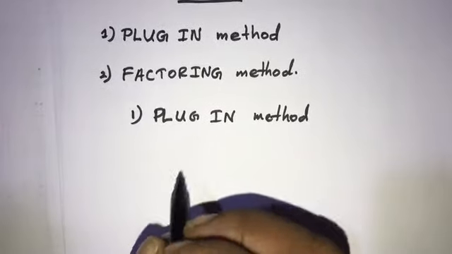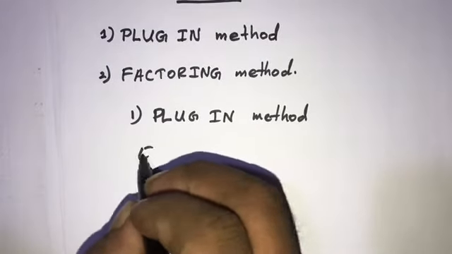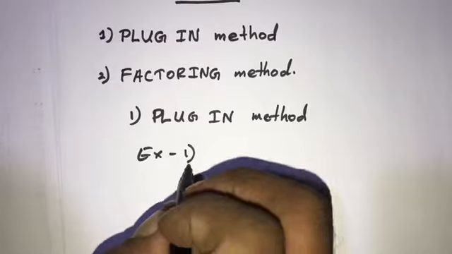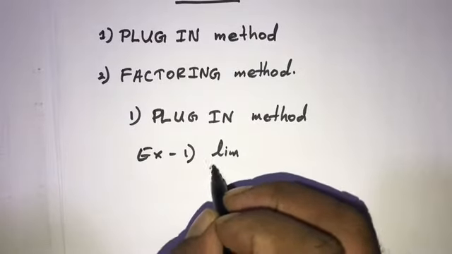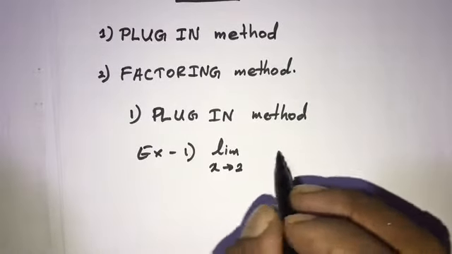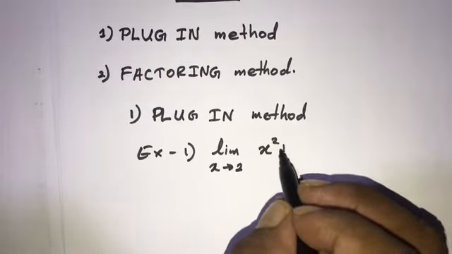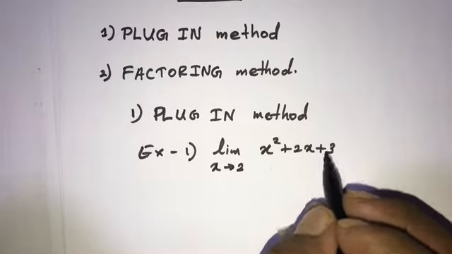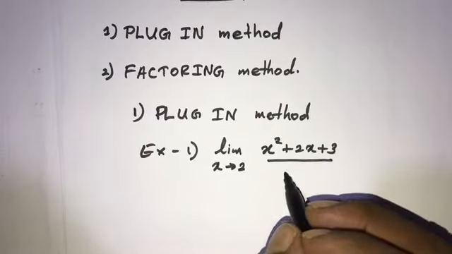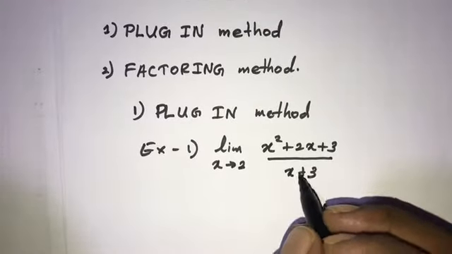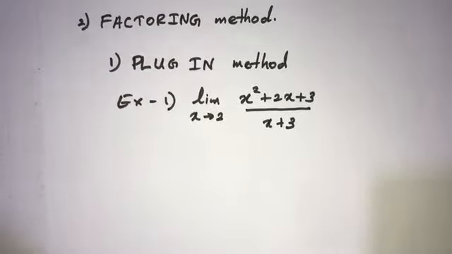So number 1, plug-in method. Example number 1: limit x goes to 2 of x squared plus 2x plus 3 over x plus 3. In this case, the first thing you should always try is to plug in the value. So substitute 2 for all x's, then you can get a value for the limit.